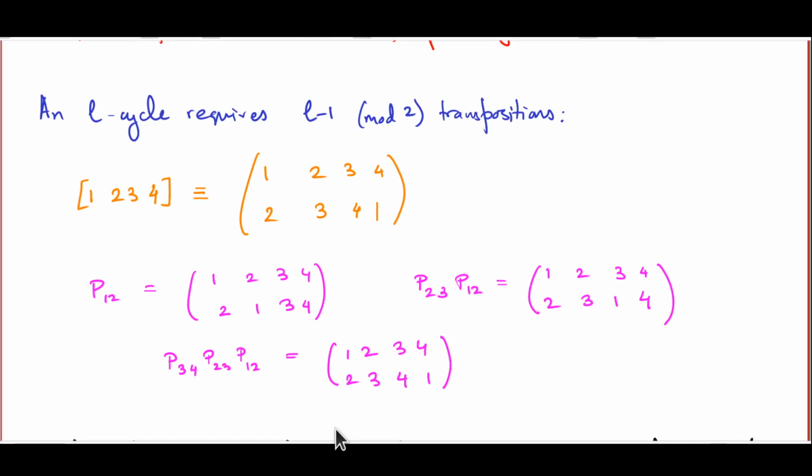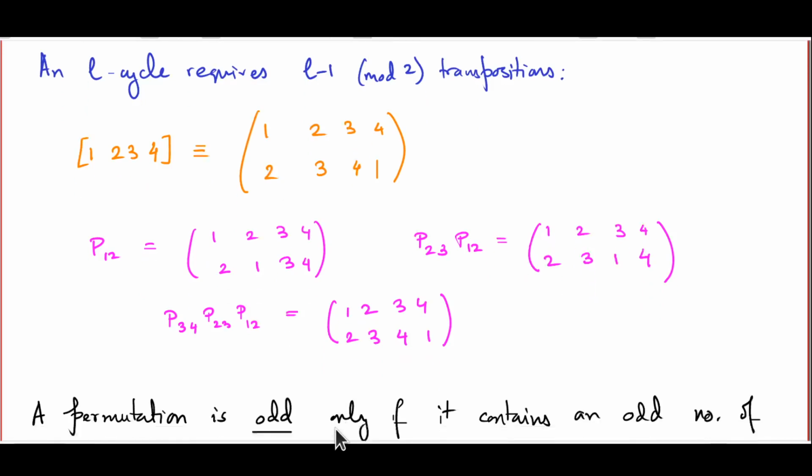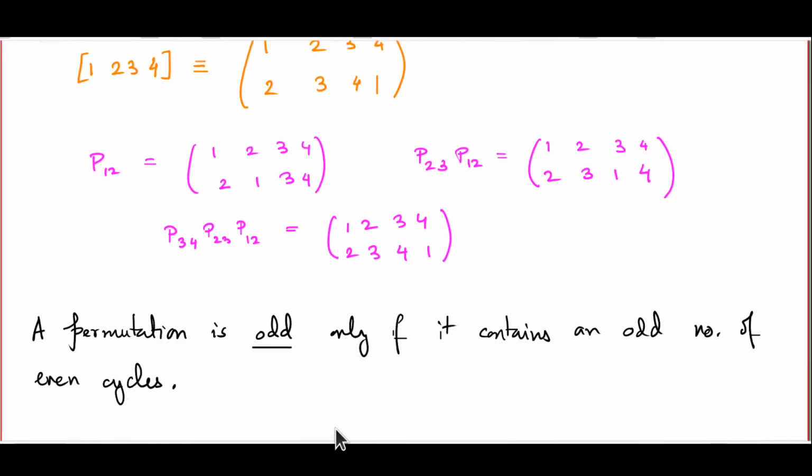So we get a very important result. How do you tell whether a permutation is odd or even? By looking at its cycle structure. All you have to do is check how many even cycles it has. Odd cycles all have even parity. Even cycles have odd parity, but even then, if you have two even cycles, you will have an odd number of transpositions for each, leading to a total even number of transpositions.